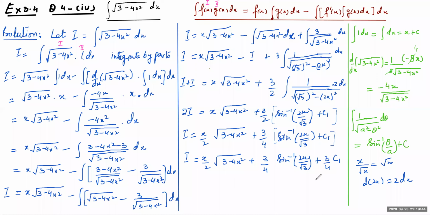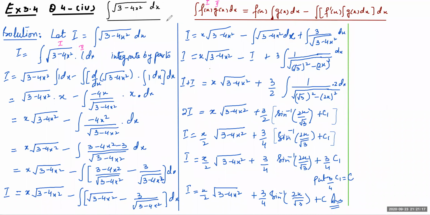Now just put 3 by 4 c1 equals to c, and you will get your answer. I is equal to x by 2 into square root of 3 minus 4x square plus 3 by 4 sine inverse 2x by square root of 3 plus c, and that completes the solution.